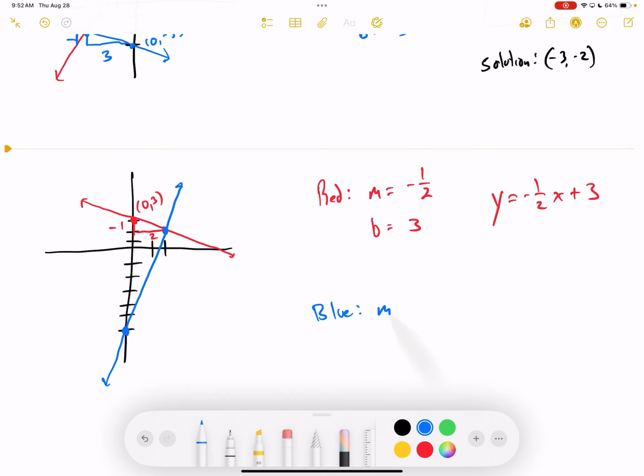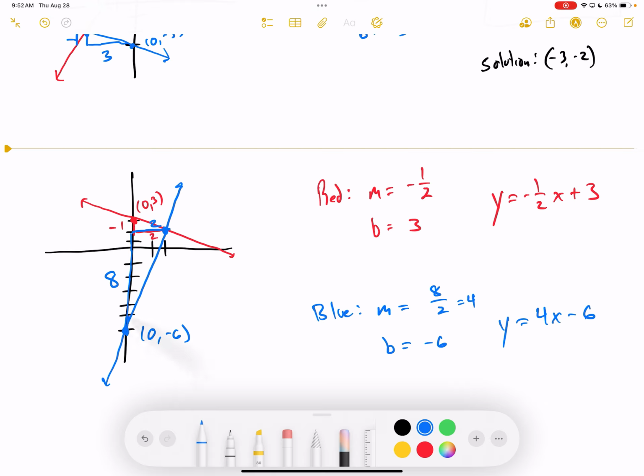And my blue line, my y-intercept's way down here at -6. My slope is way up there. 1, 2, 3, 4, 5, 6, 7, 8. To the right, 1, 2. So 8 over 2 would be 4. So y equals 4x minus 6.